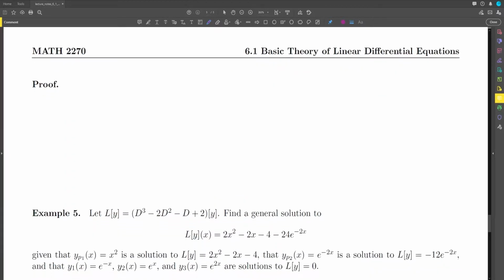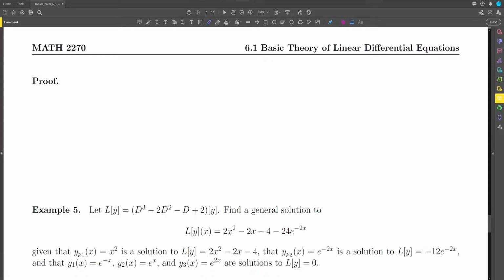In order to prove this, we're going to start off with letting phi of x be a solution to the non-homogeneous differential equation in 27, or named 27.